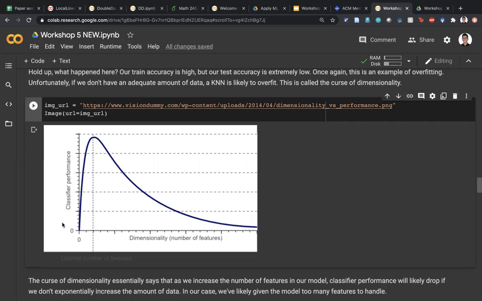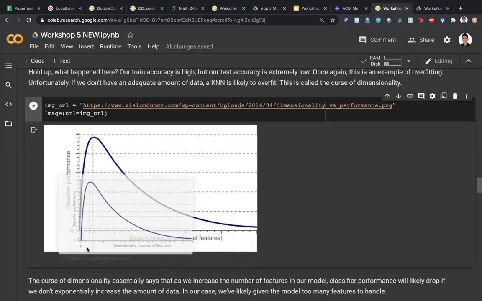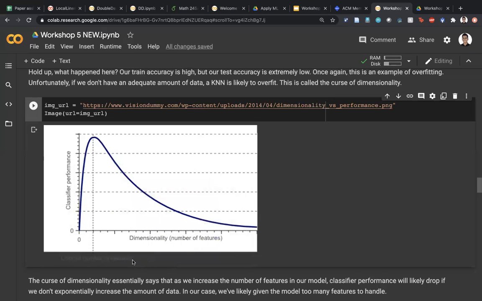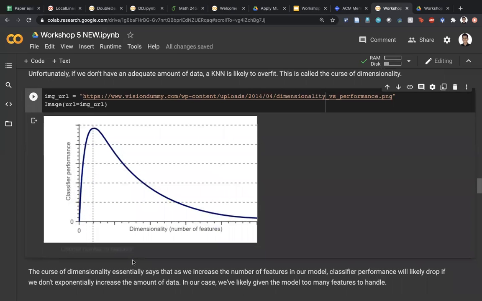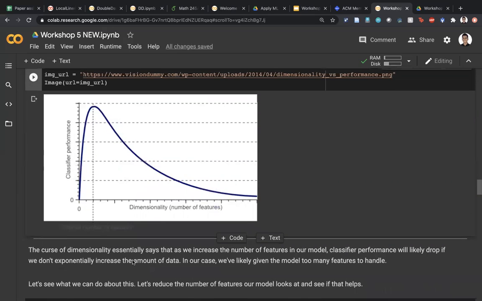The more features you add, if you keep the amount of data the same, the performance of the classifier is going to go down, because there are too many different features and not enough data for it to identify which features are the best to use, or which are properly correlated with the answer. So the model, in this case the KNN, is not going to have enough data to identify what the optimal values should be. That's essentially what the curse of dimensionality is.